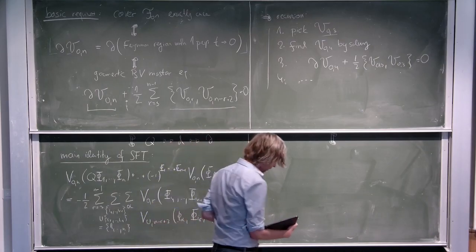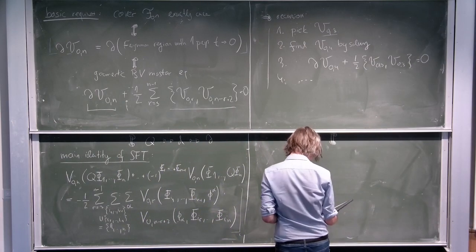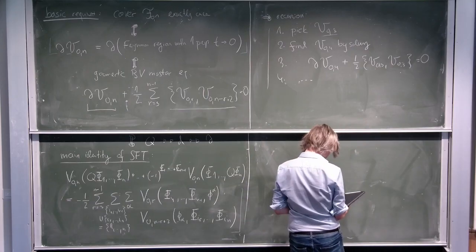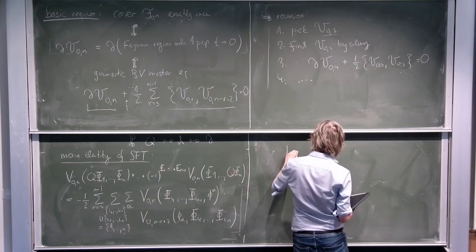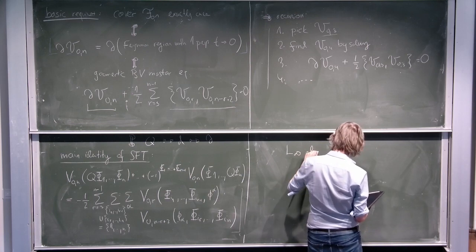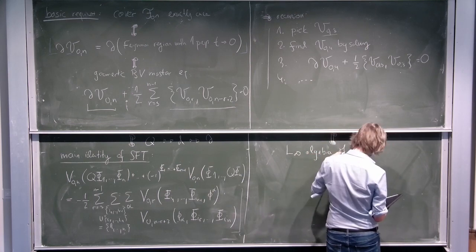So we're now trying to see what this means mathematically. And the final equivalence which I will give you is that this main identity is equivalent to what we call the L-infinity algebra of string products.